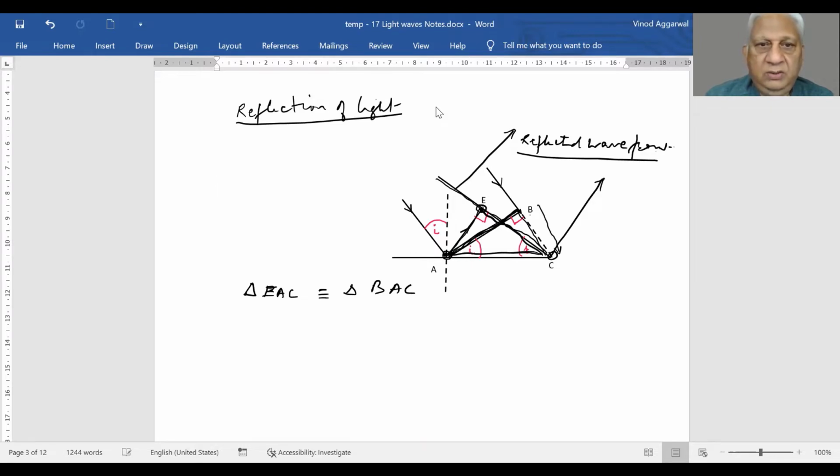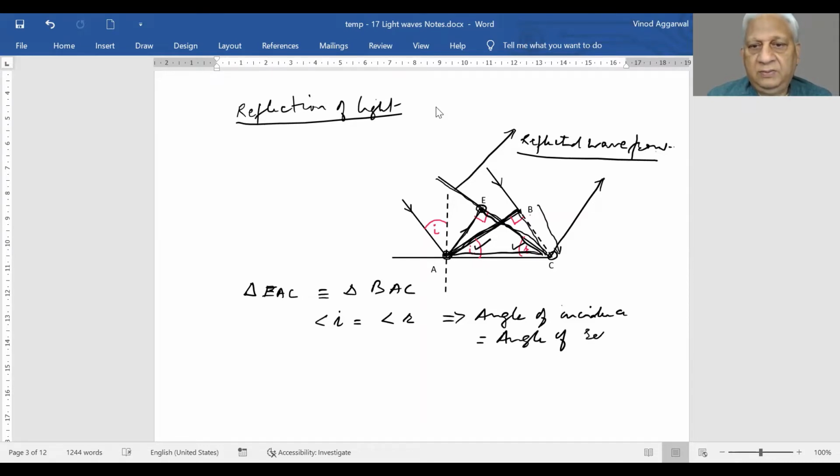They're congruent to each other, meaning thereby this angle is same as this angle. It means angle i is equal to angle r, and we say angle of incidence is equal to angle of reflection. This is the basic law of reflection.